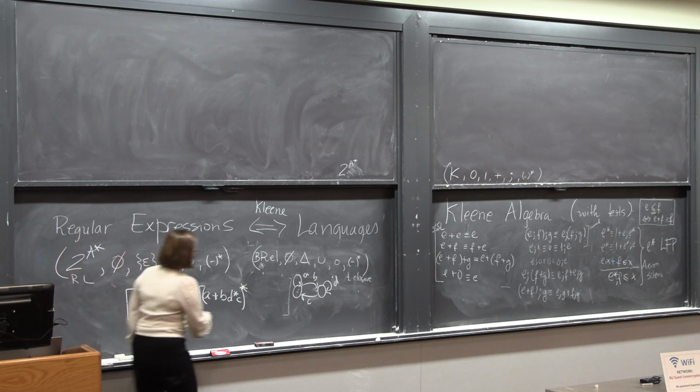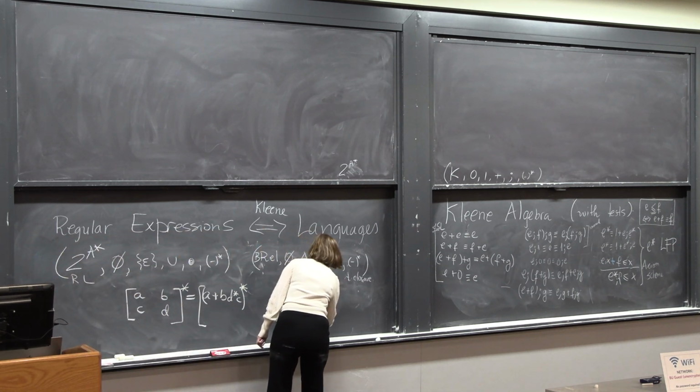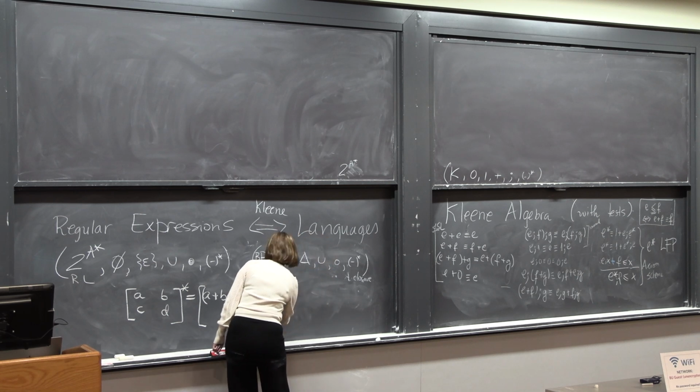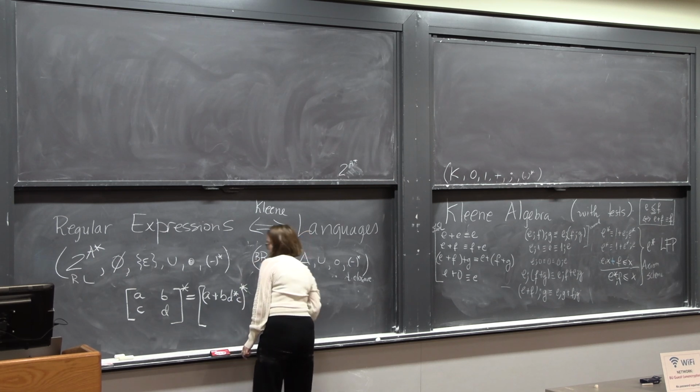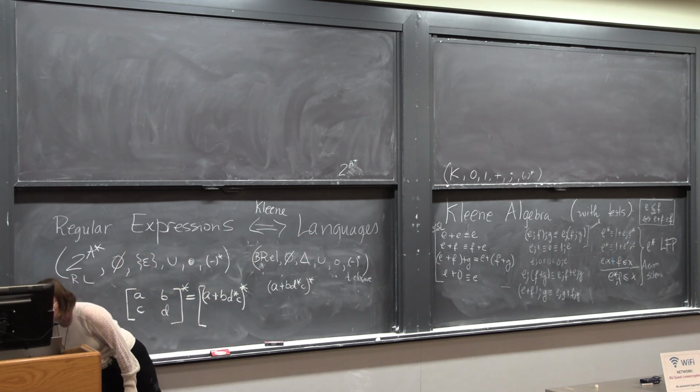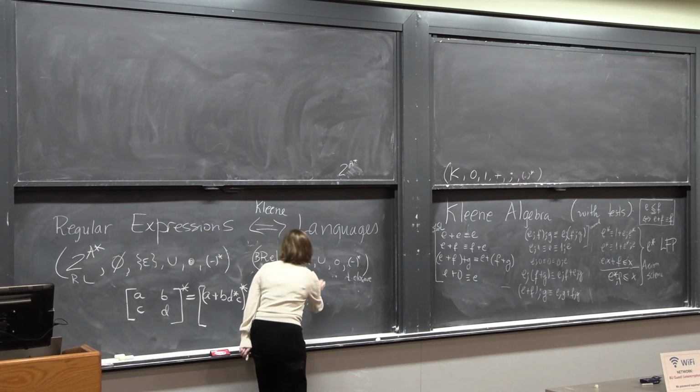So from 1 to 2, I get A plus B, D star C, star, followed by B, D star.